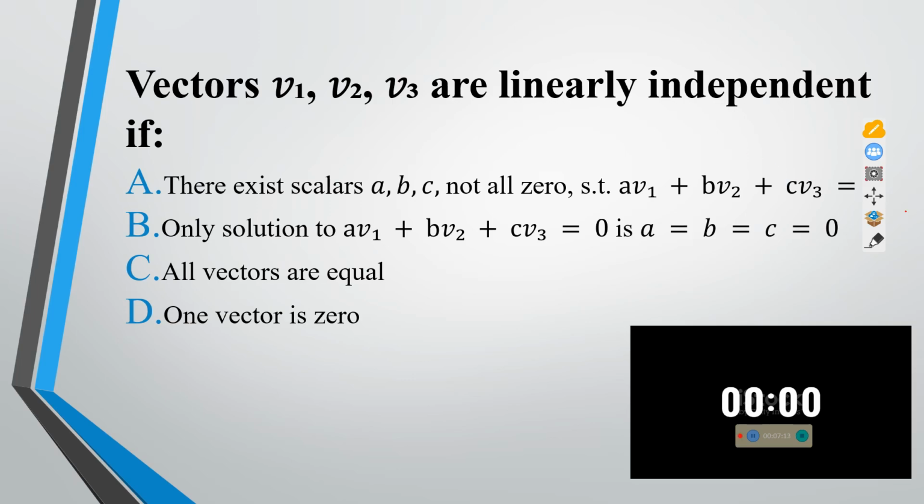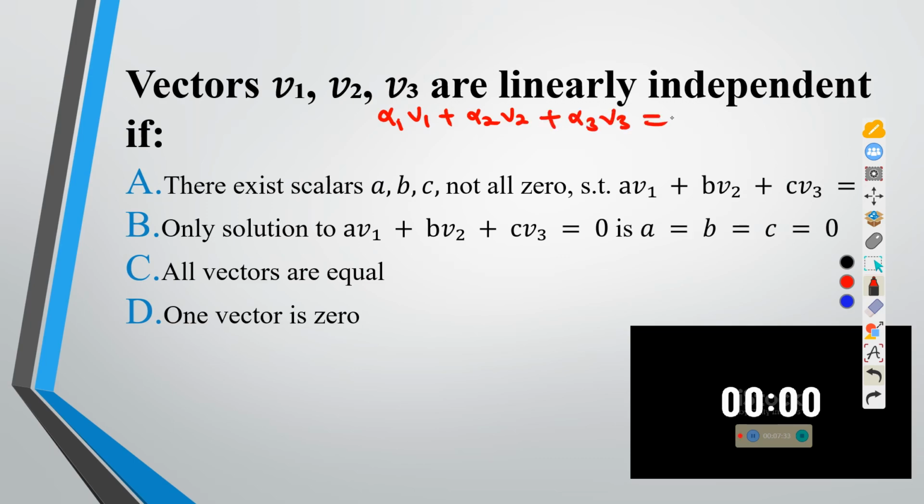Looking at the solution for this case, there exist scalars not all 0. If v1, v2, and v3 are linearly independent, then you equate the linear combination, that is alpha 1 v1 plus alpha 2 v2 plus alpha 3 v3, to 0. The only solution to this must be alpha 1, alpha 2, and alpha 3 all equal to 0.